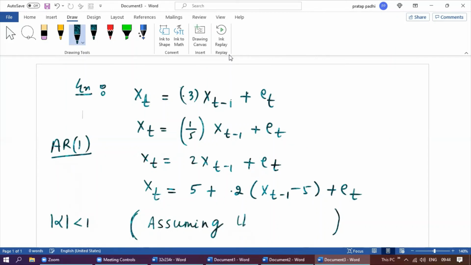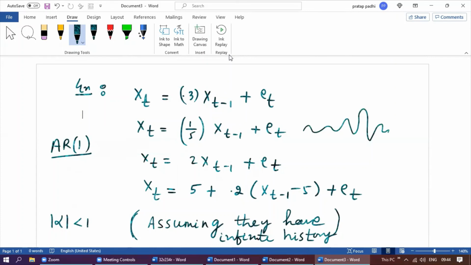It means the processes have been running for a long time. Initially there might be a lot of fluctuation, but then it becomes stationary.